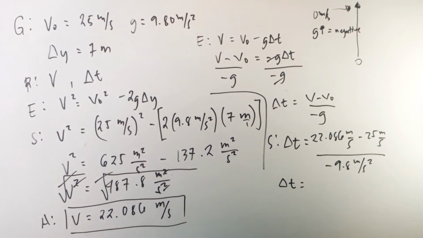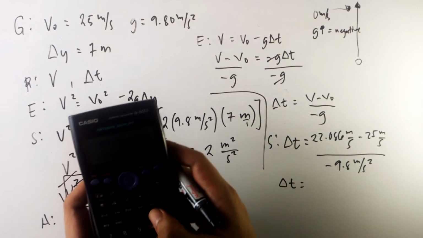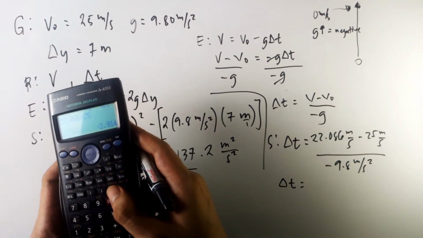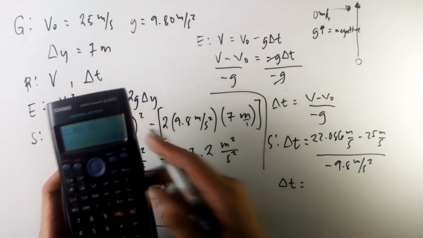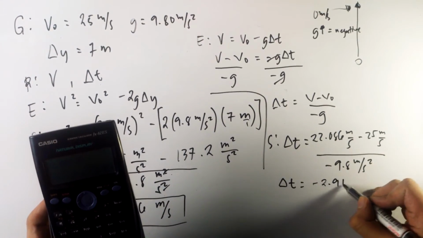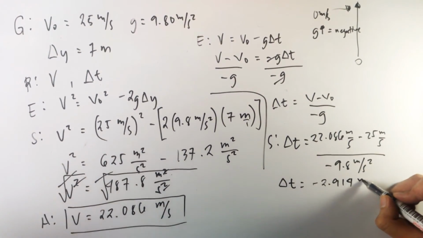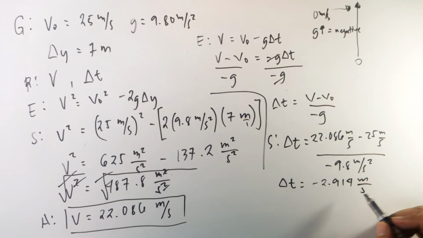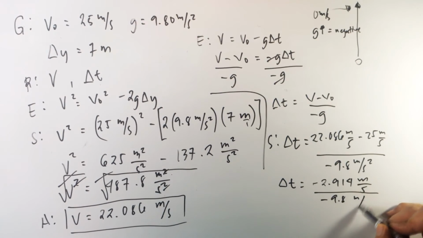So that's 22.086 minus 25, which is negative 2.914. The unit is meter per second, divided by negative 9.8 meter per second squared.